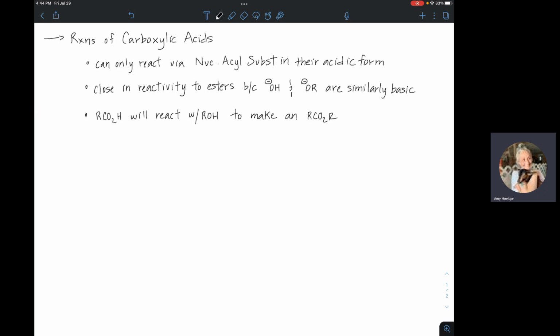So this is a specific type of reaction called a Fischer esterification. It's forming an ester from a carboxylic acid and an alcohol.